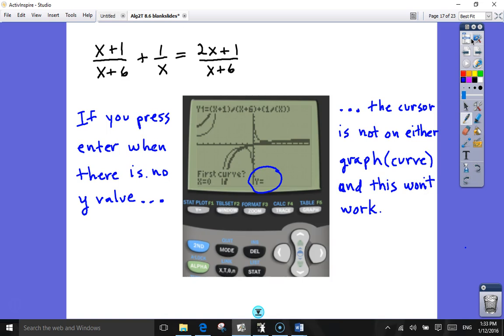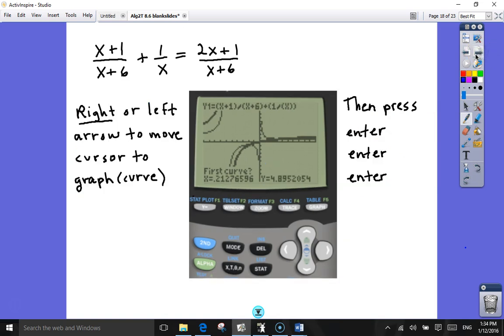Now be precise here. Hit the right arrow once, just once, to move it to the right. Right now it's set at x equals 0, which is right there. Move it to the right 1, just one little touch. And then you should have a y value, right? It should be x equals 0.2127 and y is 4.89.